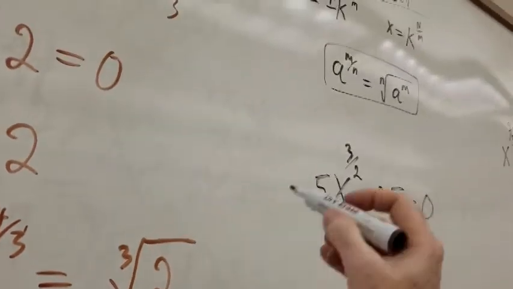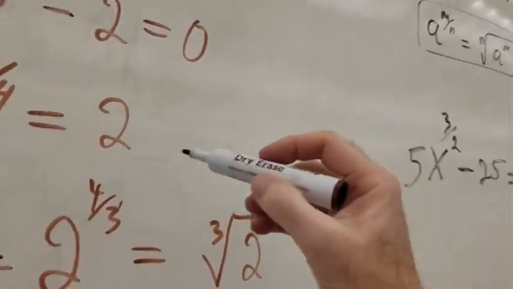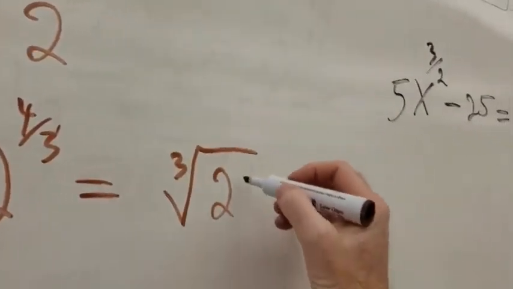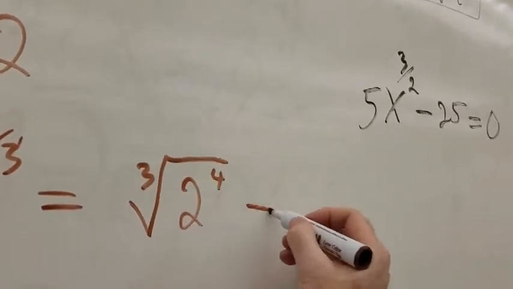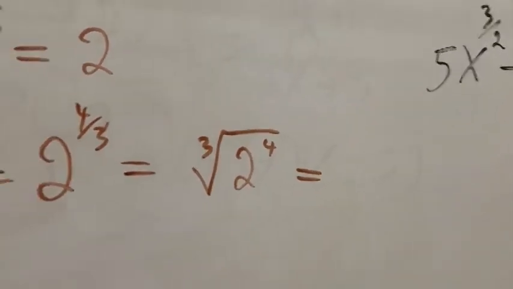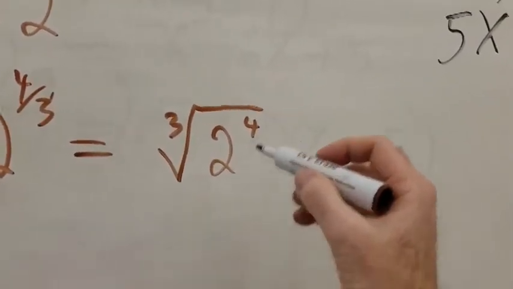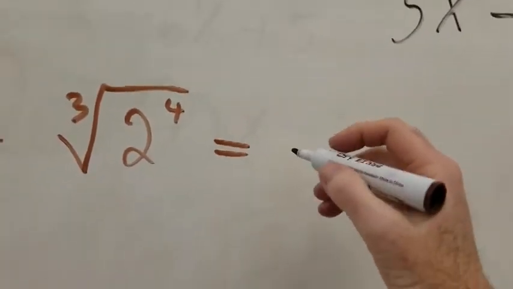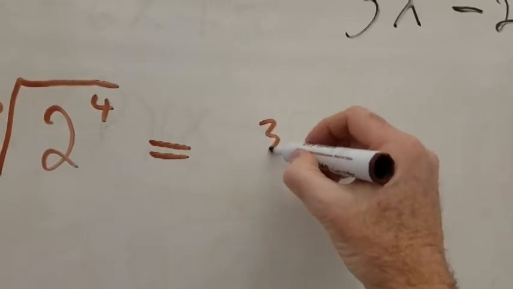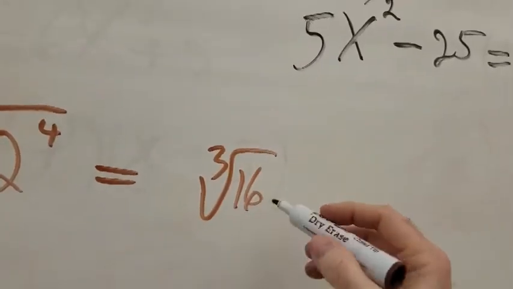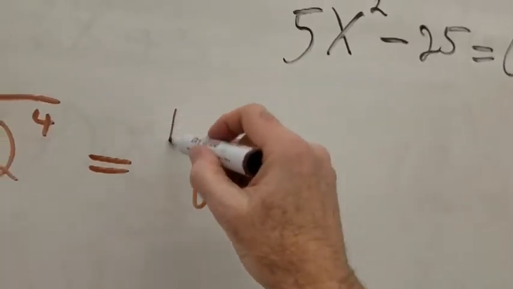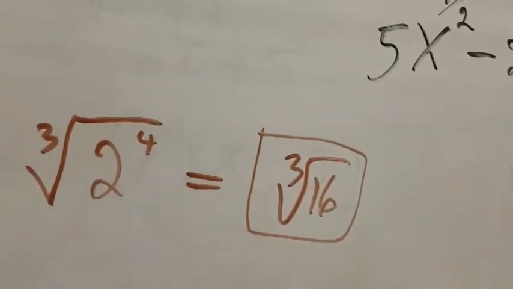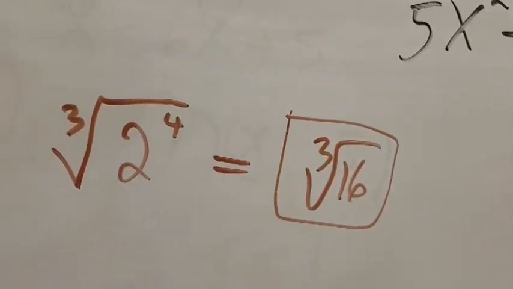The 2's on the inside, and the 4 goes inside here. So I got to simplify it one more step. So 2 times 2 times 2 times 2 is 16. And this does not simplify any further. So this particular problem is finished.